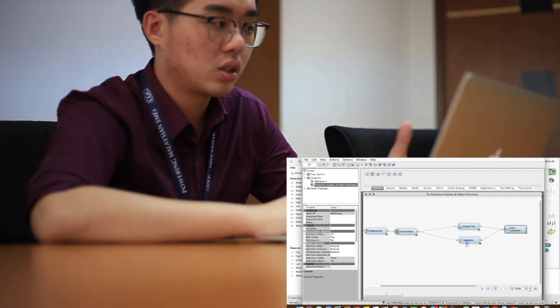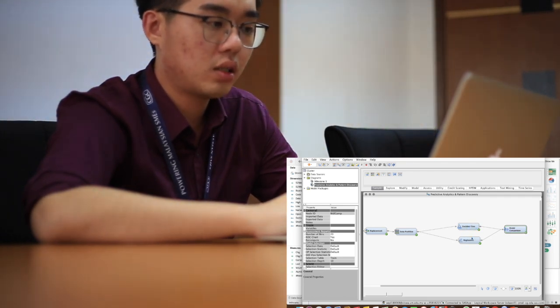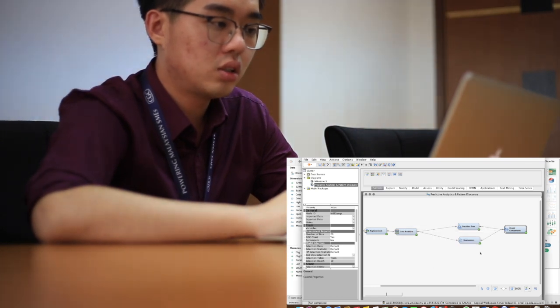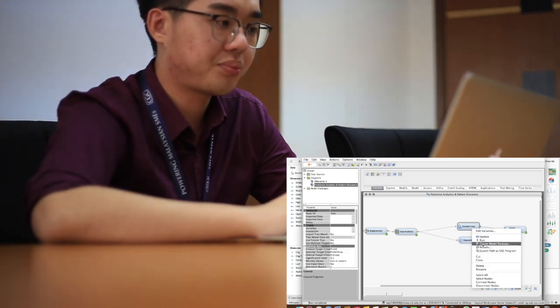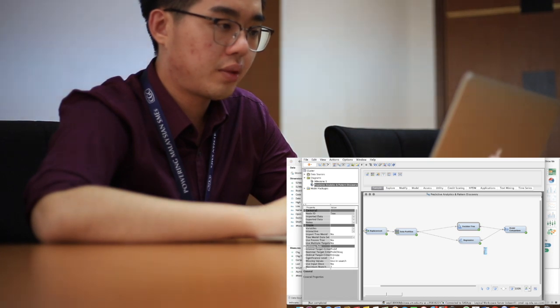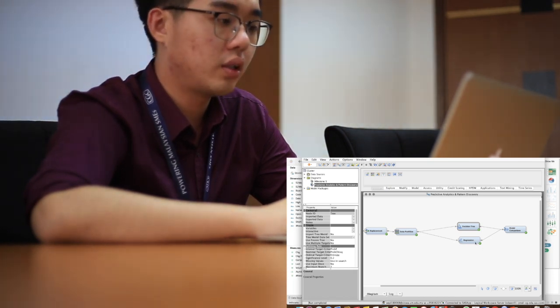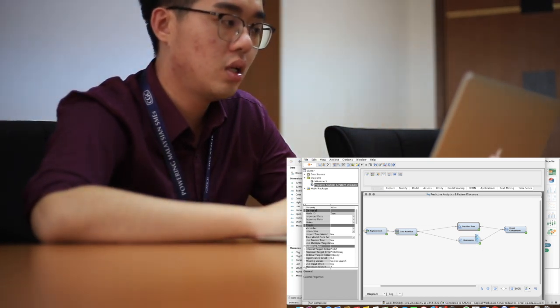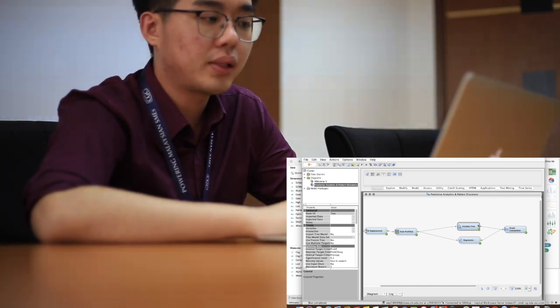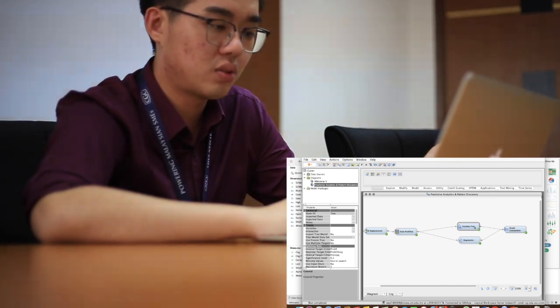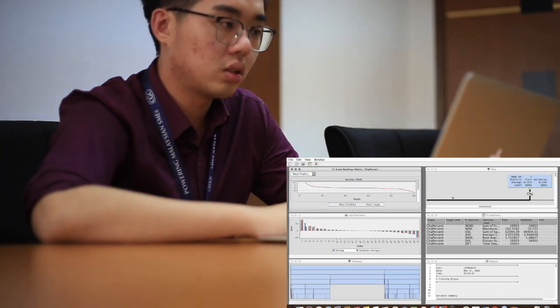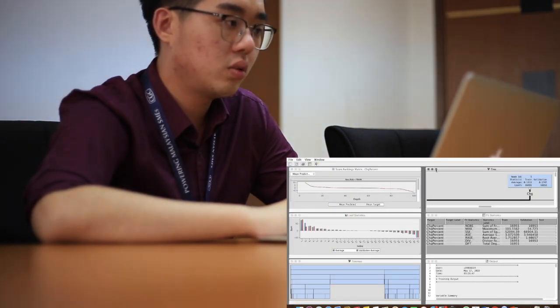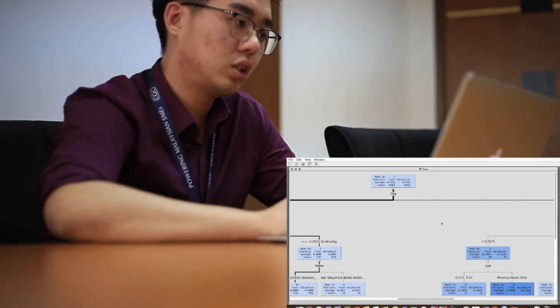As you can see, my computer ran and there's a result. For the decision tree, this is the result, and it's already drawn out. We're going to try to interpret something from this decision tree, whether it's logical or not. The decision tree is here. It splits at the percentage change.